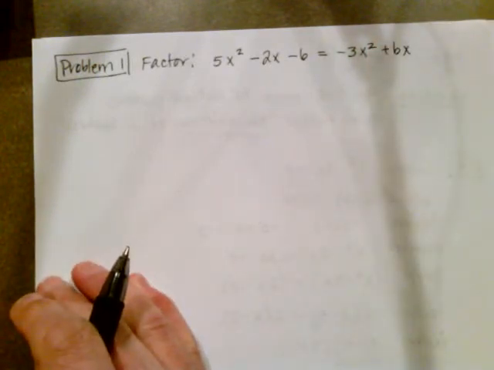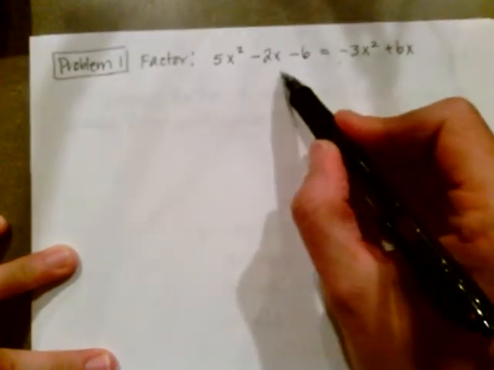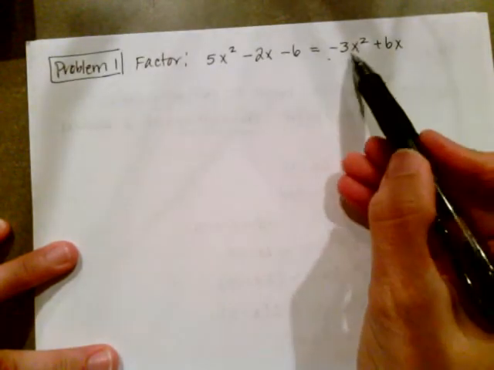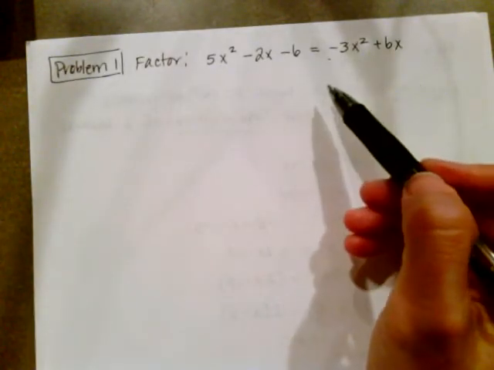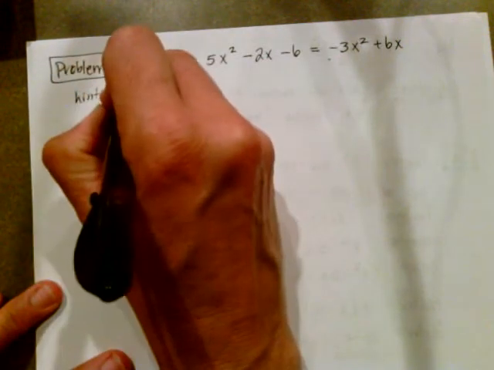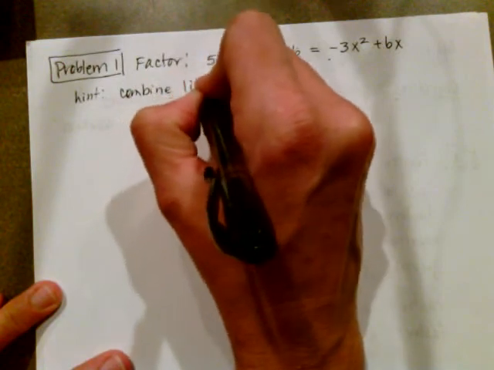Before you start, you might want to take these two terms over to this side of the equation, being careful with your signs, and then you can start factoring. So you need to manage these two terms first, and then you can factor. Your other hint, so your first hint is to combine like terms, being careful with your signs.